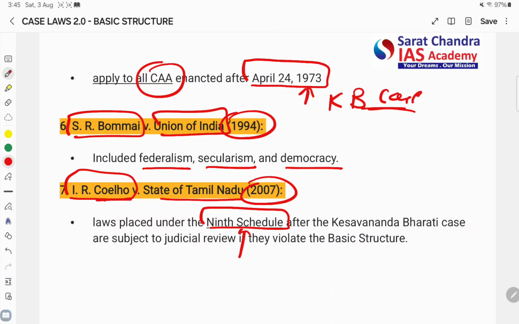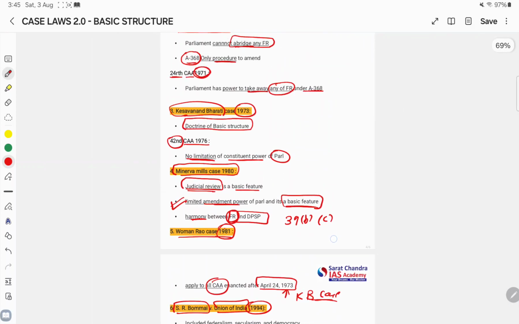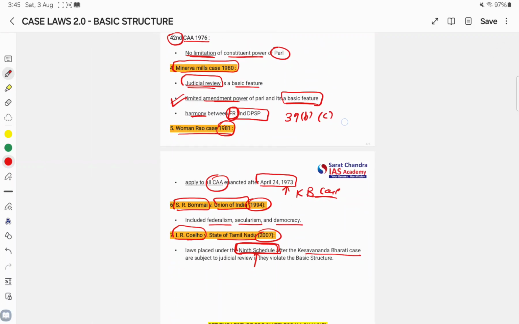But in the Coelho case, the Supreme Court said that those laws which violate the basic structure of the Constitution given under the Kesavananda Bharati case will come under scrutiny even after they are in the 9th Schedule. So this was overall the evolution of the basic feature through seven judgments.